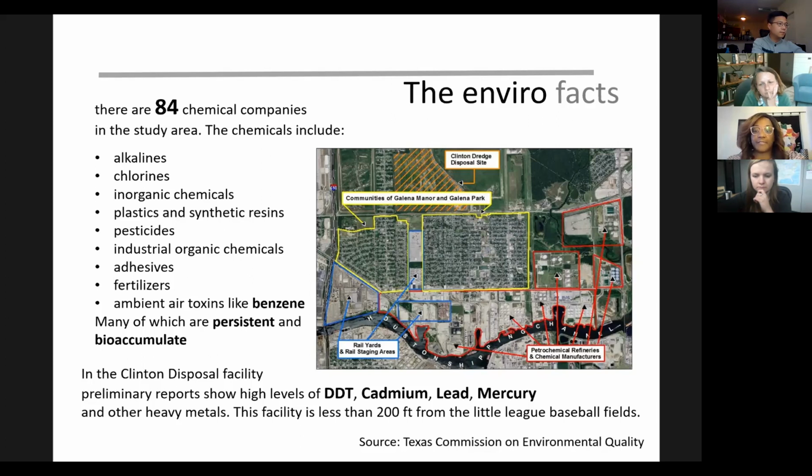The dredge dump facility is less than 200 feet from a Little League sports complex. The presence of environmental pollutants and ambient air toxins like benzene that persist in the environment and bioaccumulate in the fat cells of humans is of significant concern to fence-line communities.